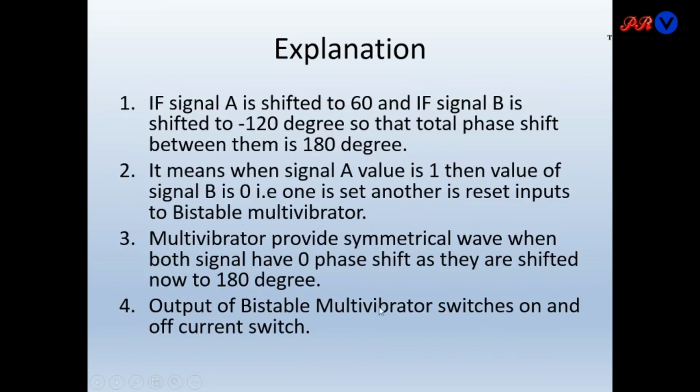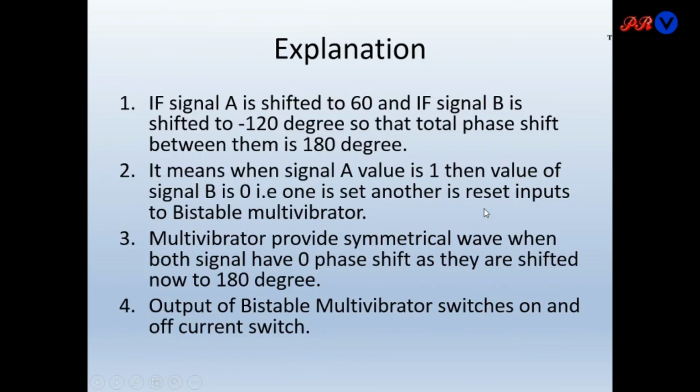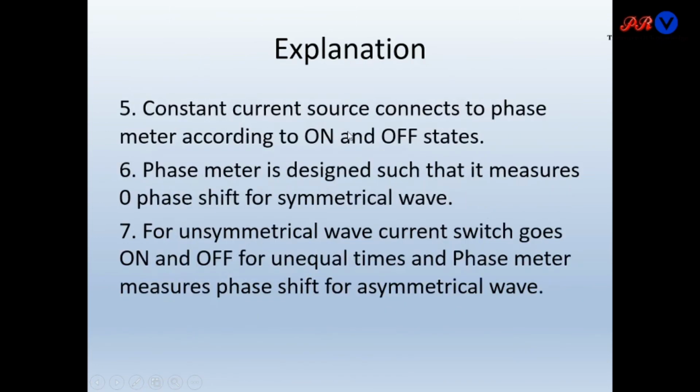Output of bistable multivibrator switches the current switch on and off according to set and reset inputs. Constant current source connects to the phase meter according to on and off states.